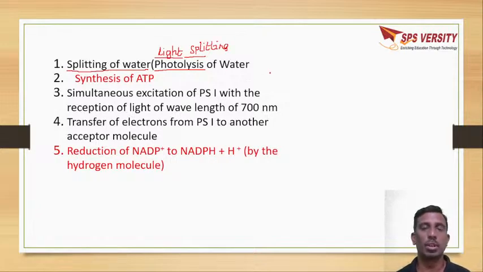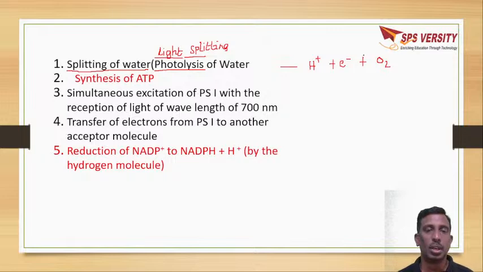So water split होने के बाद water से हाइड्रोजन आयॉन्स, इलेक्ट्रॉन्स और ऑक्सीजन आता है. And due to this flow of electrons in the form of downhill, there is a synthesis of ATP. और इसमें these electrons are taken by PS2. So PS2 electron deficiency is substituted.